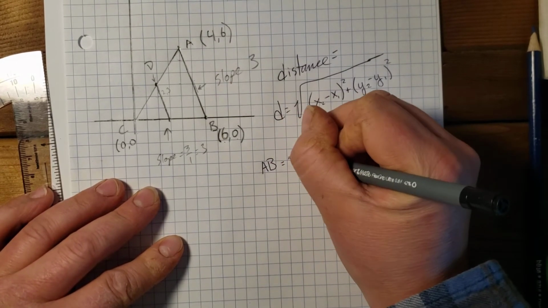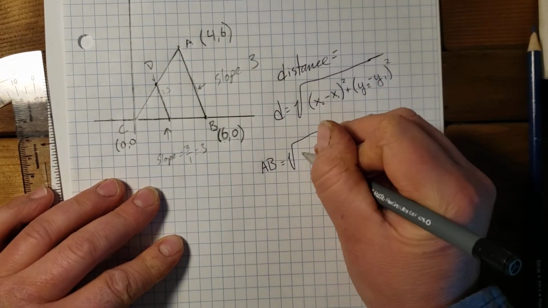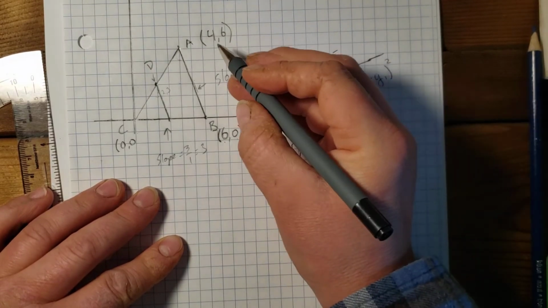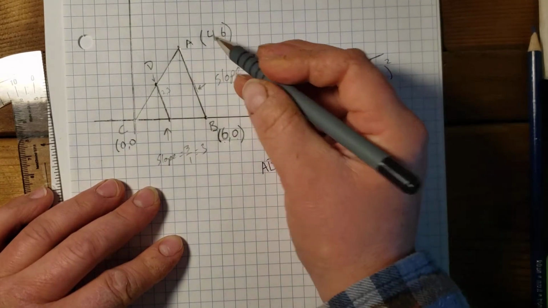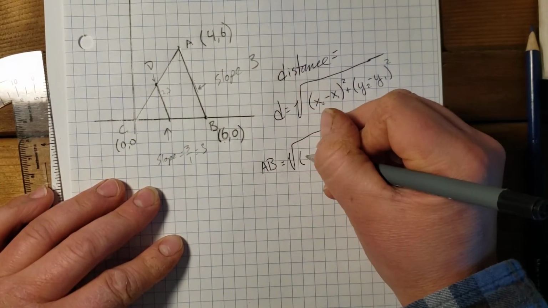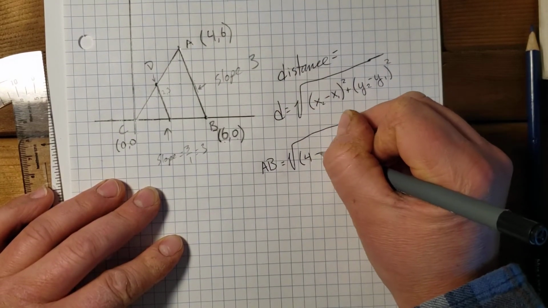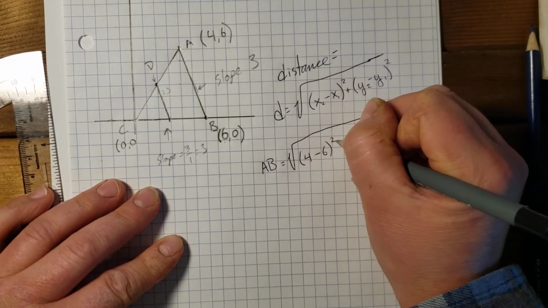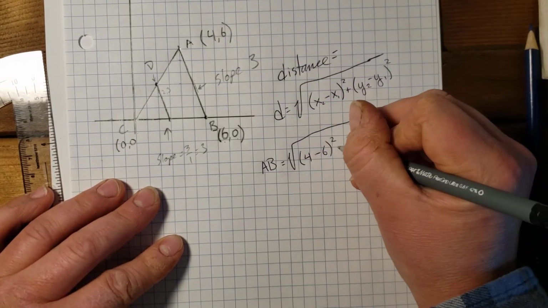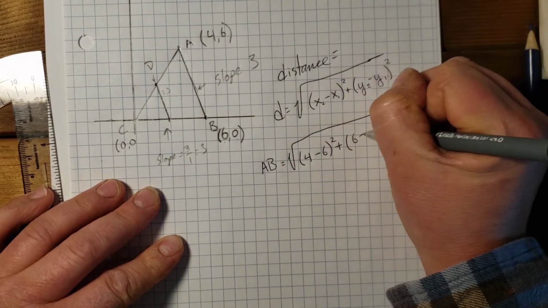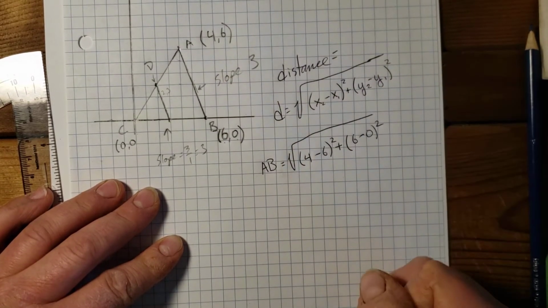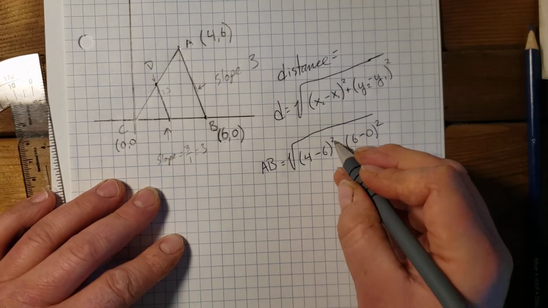It is equal to the square root of (x2 minus x1) squared. We'll call this point 2 and this point 1. x2 is 4, minus 6, squared, plus 6 minus 0 squared. 4 minus 6 is negative 2.